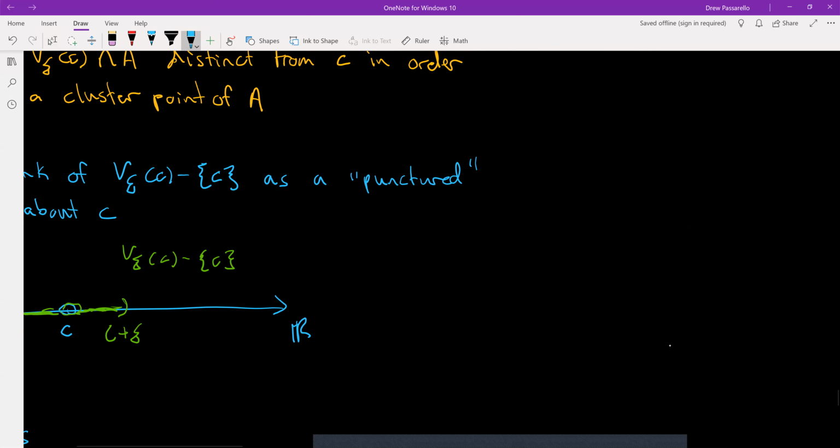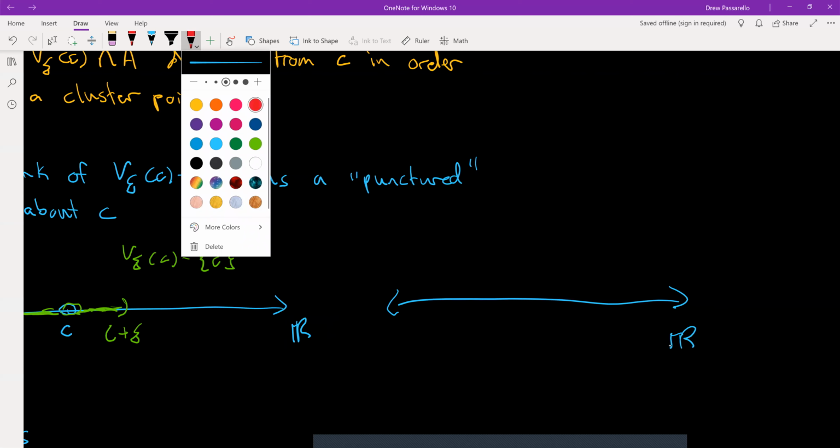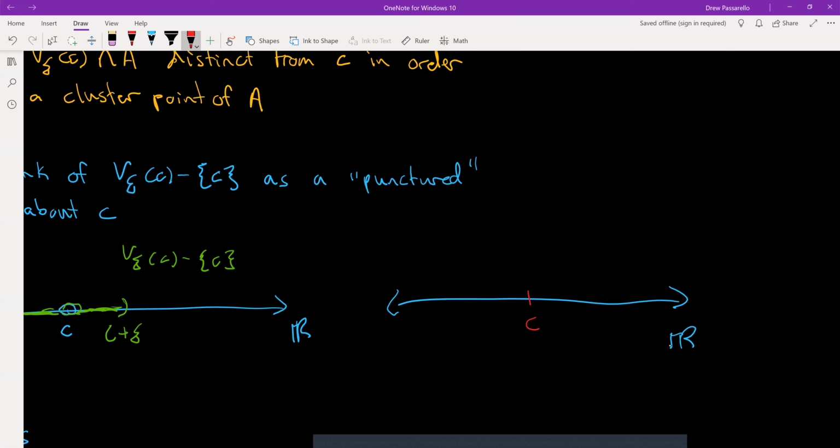All right, so here's your standard delta neighborhood around c.